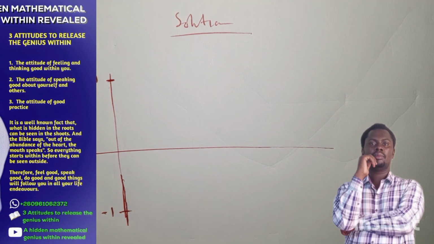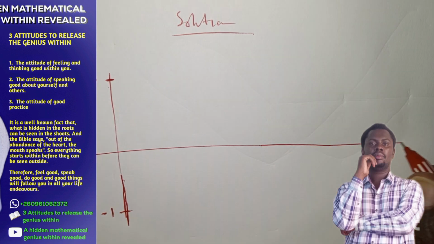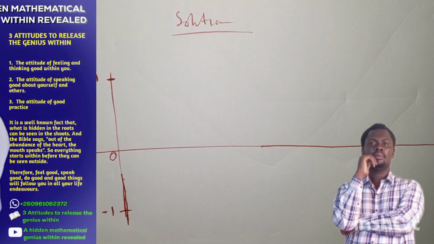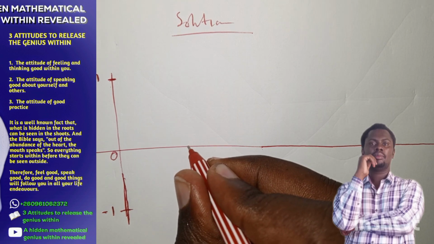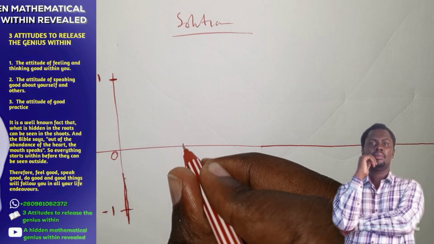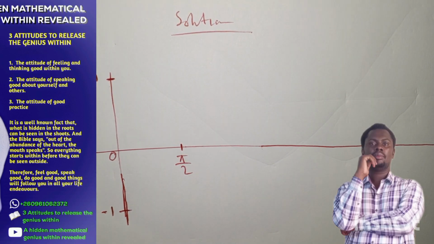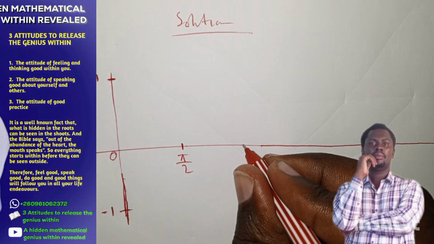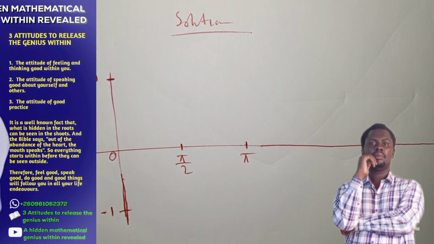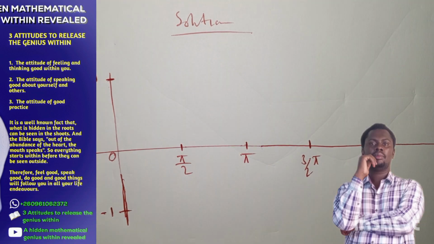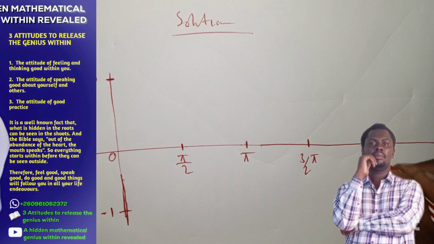Those are our values for the y-axis. In the x-axis, that's where we should have the angles. So we have 0 degrees, then 90, that is pi over 2, 180, that is pi, 270, that is 3 over 2 pi, and 360, that is 2 pi.